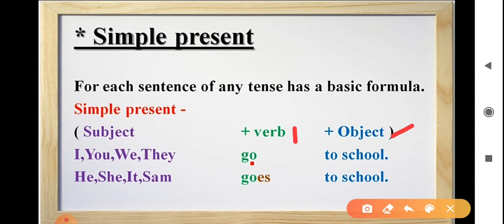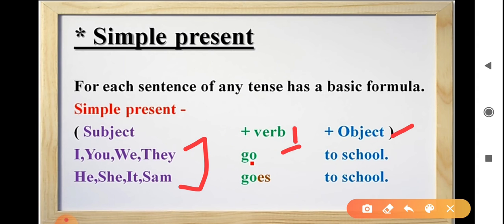Let's understand with examples. See these two sentences. I go to school, you go to school, we go to school, they go to school. Take the second one: he goes to school, she goes to school, it goes to school, Sam goes to school. All these four are subjects.